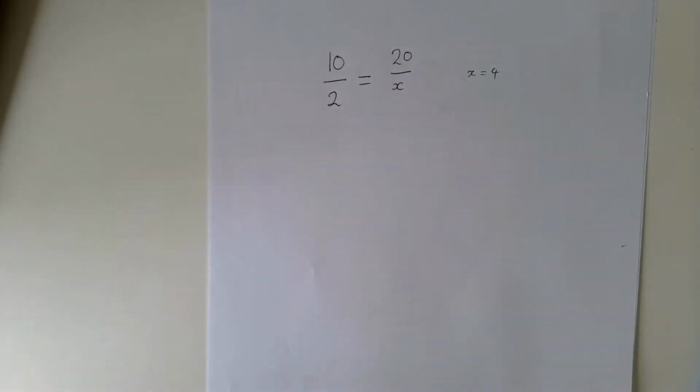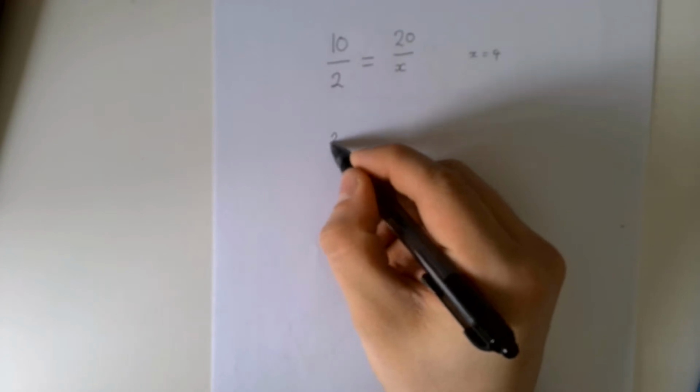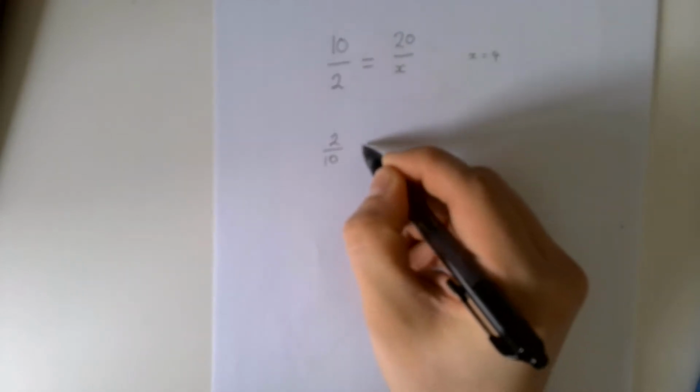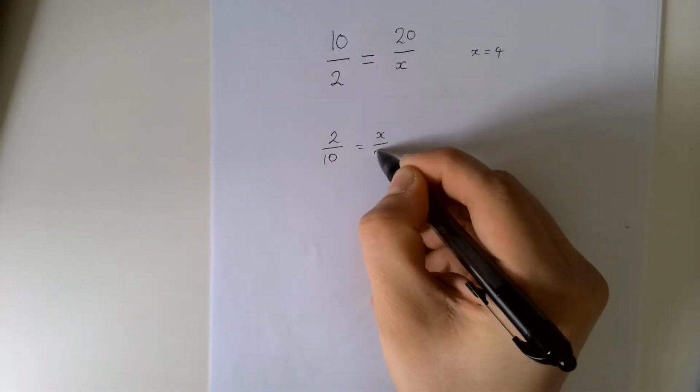Now what I'm going to do is flip both those fractions upside down and put an equal sign between them again. So 2 over 10 is equal to x over 20.